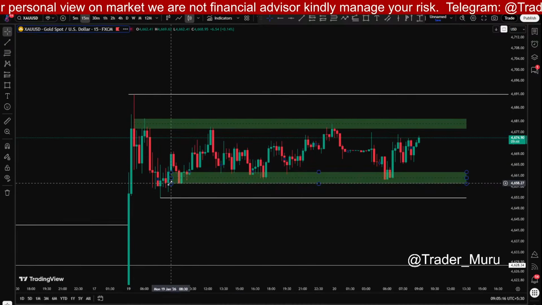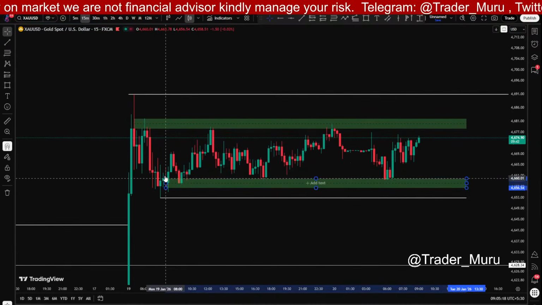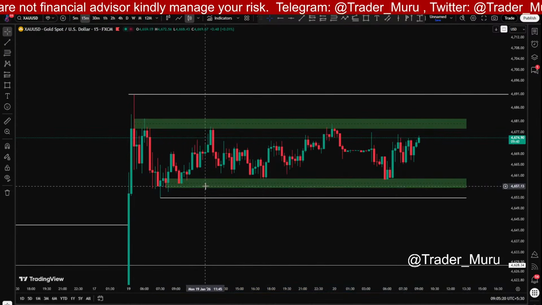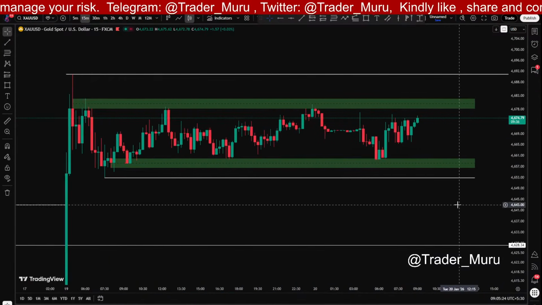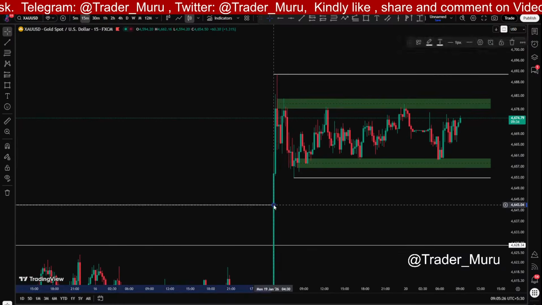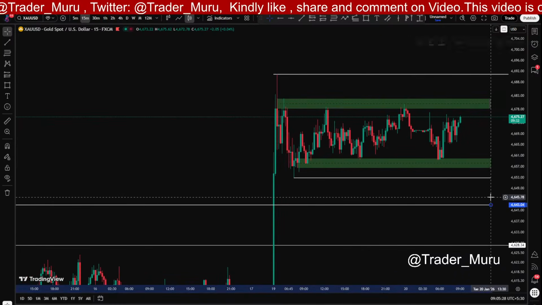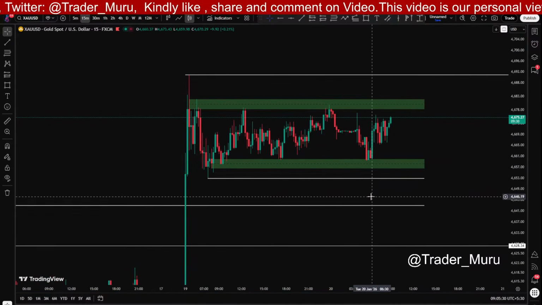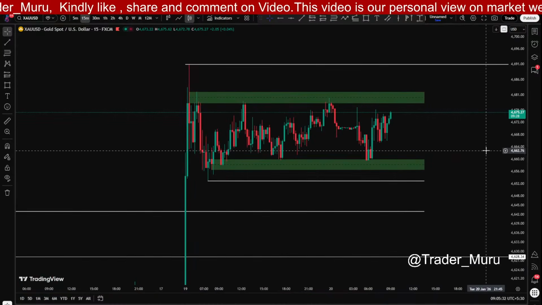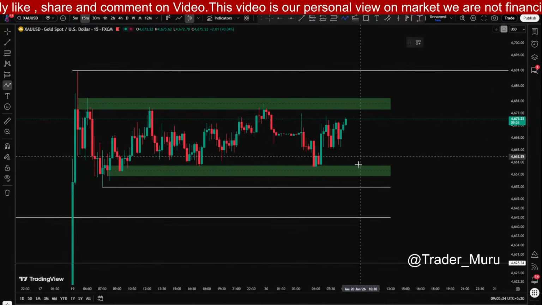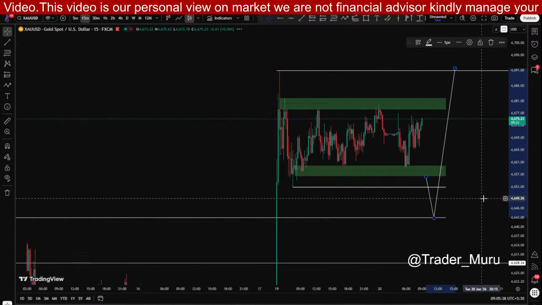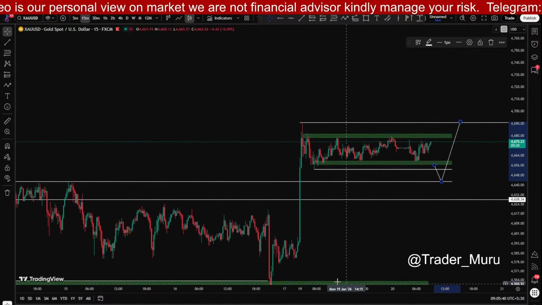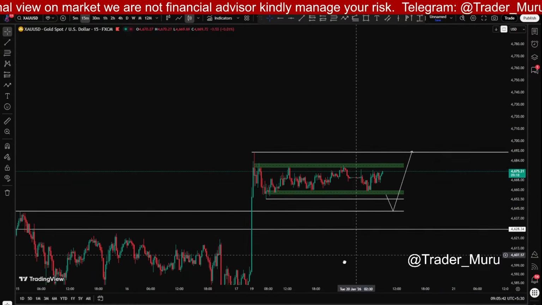Price is bouncing from this zone. This is a clear range. So in gold, wait for a sweep, a test of this area, then there will be a massive momentum to the upside like this one here.